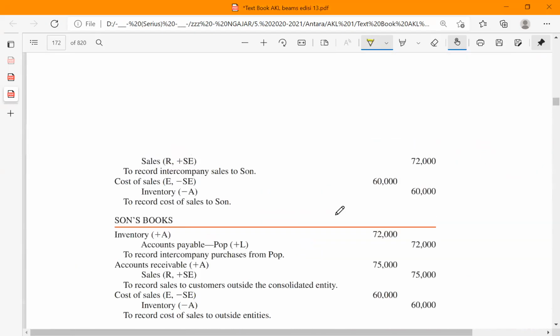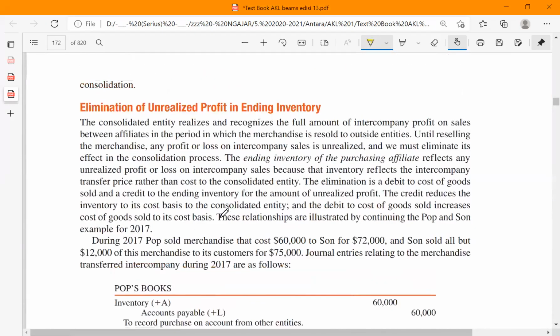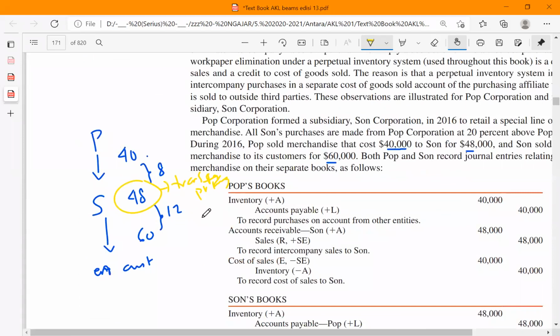I just want to tell you that the number we should journalize in the first journal entry, related to the elimination of sales and cost of goods sold, is the transfer pricing amount. It's the middle number, the price that P gave to S when P sold the inventory to S.